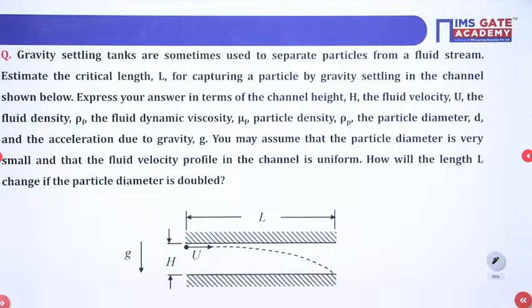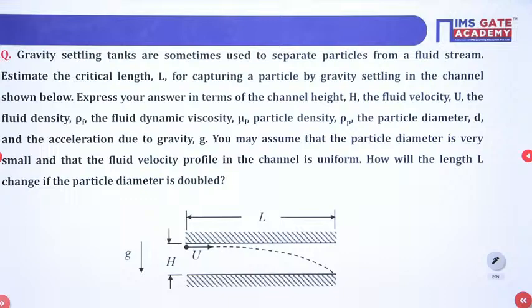Express your answer in terms of channel height, fluid velocity, fluid density, fluid dynamic viscosity, particle density, particle diameter, and the acceleration due to gravity g. You may assume that the particle diameter is very small. That line is very important.